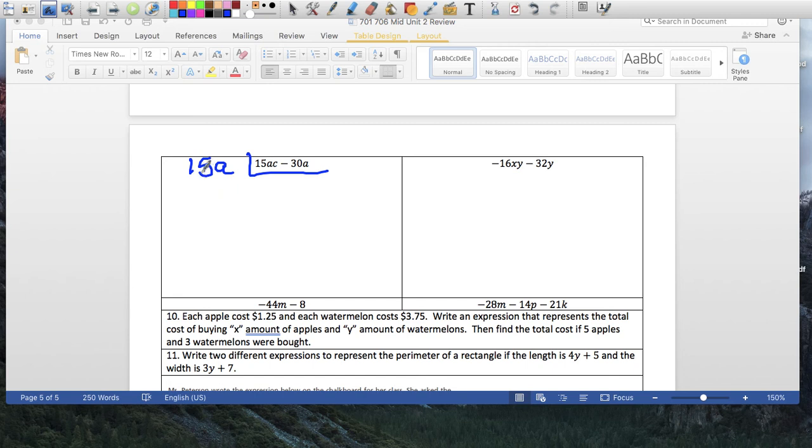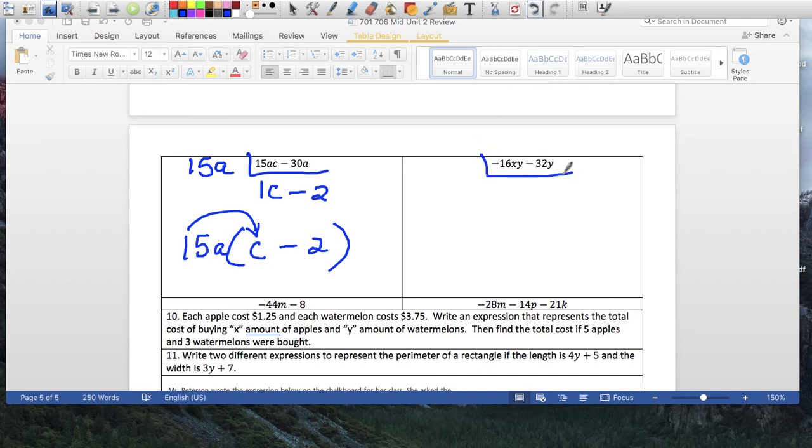So 15 goes into 15 one time, 15a goes into 15ac one time, and the a's are in common, so I don't write that, and I write 1c. Minus 15 goes into 30 two times, and the a's are in common, so I'm not going to write that. So now if I were to write this, I'm not going to write 1c, I'm going to write c minus 2. Double check. 15a times c is 15ac, and 15a times 2 is 30a, right?